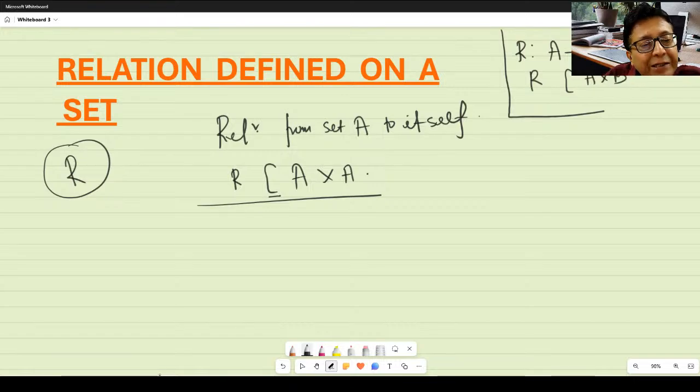So, if I take A equal to, say I am taking L, M, N, three members of the set, then A cross A will be what?